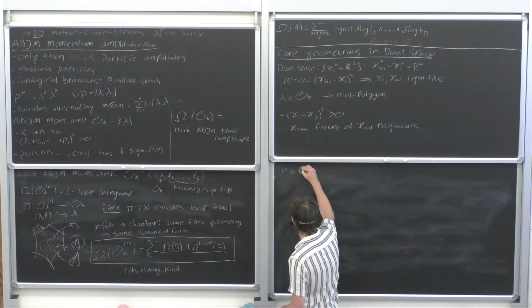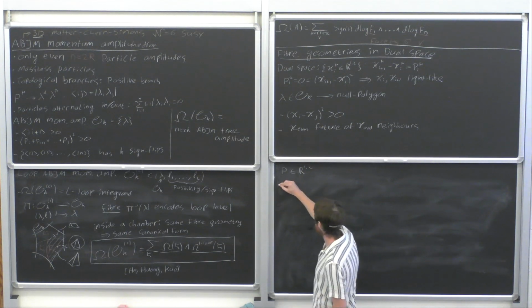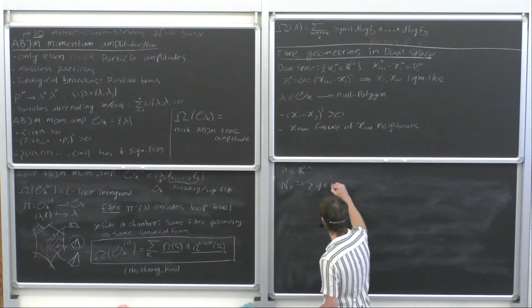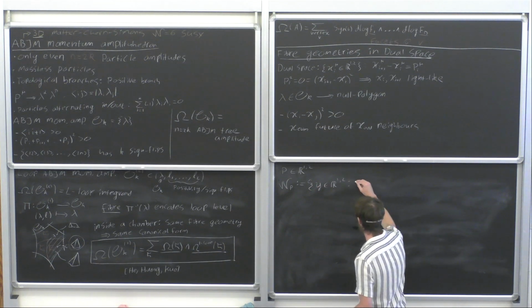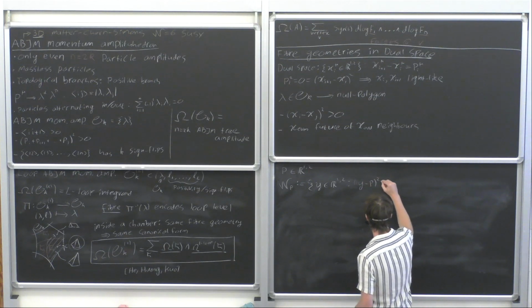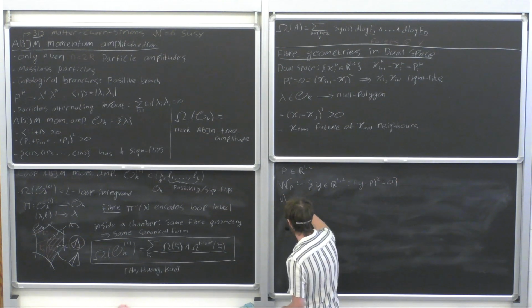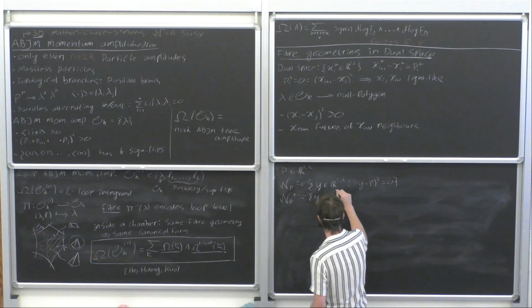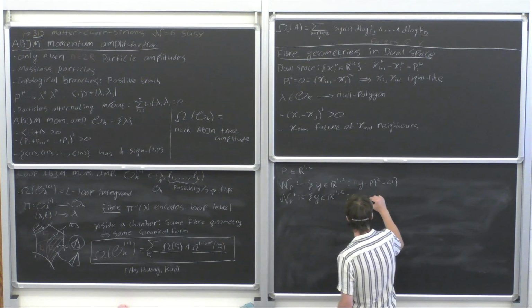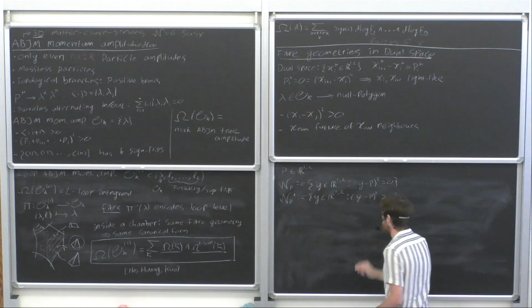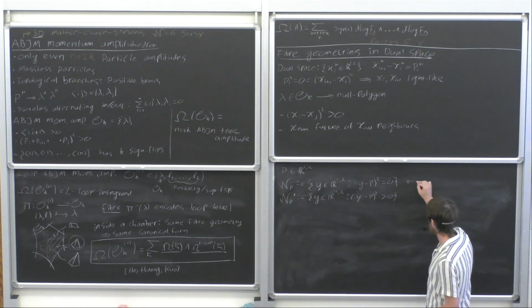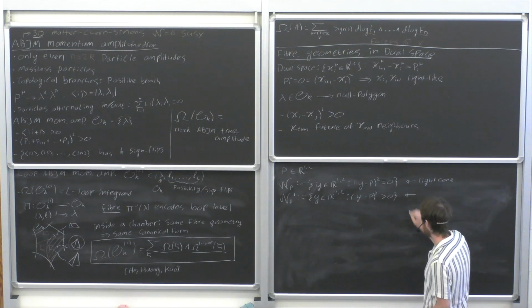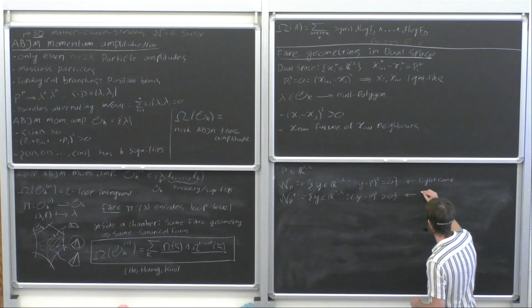So we take some point P in our Minkowski space, and then we define N_P as the set of all points in Minkowski space which are null separated from P. And I define N_P plus as the set of all points in Minkowski space which are positively or space-like separated from P. So the first one is essentially just the light cone of P. And the second one is the subset of Minkowski space which is space-like separated from P.